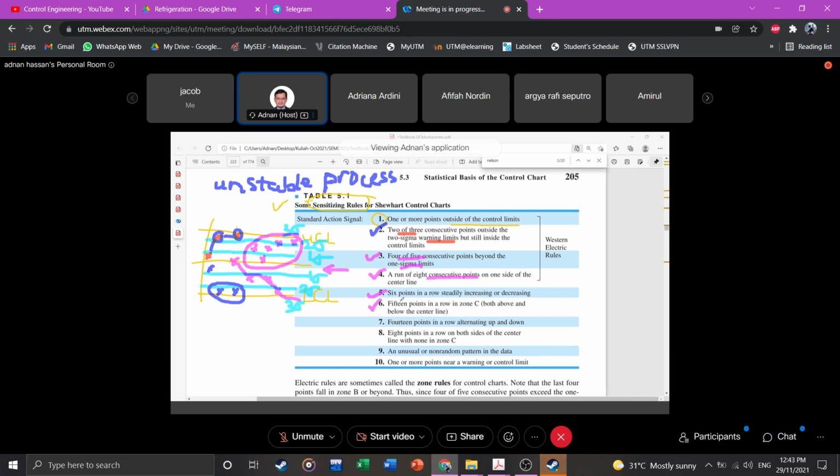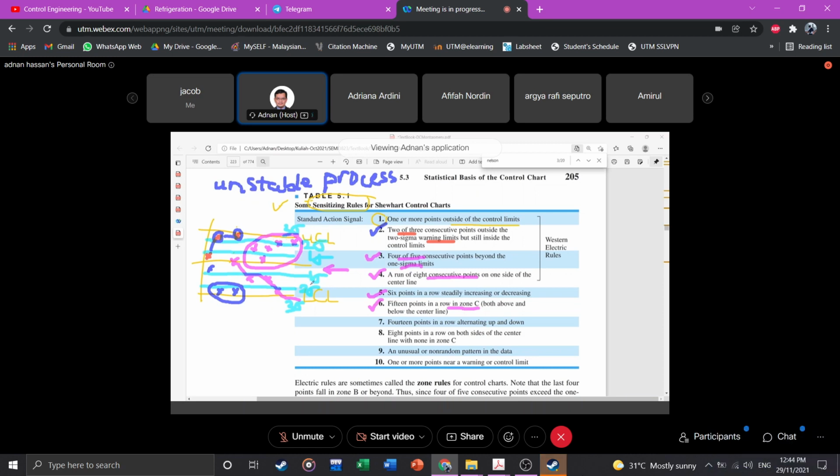Or if you have 15 points in a row in zone C, which is both above or below the center line, 15 points in a row in zone C. We divide this into 3 areas.